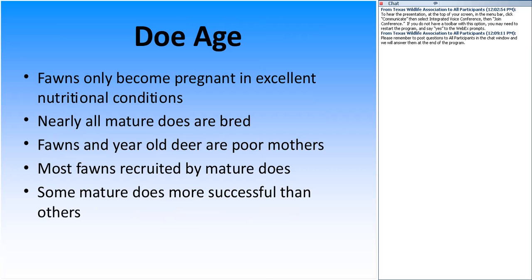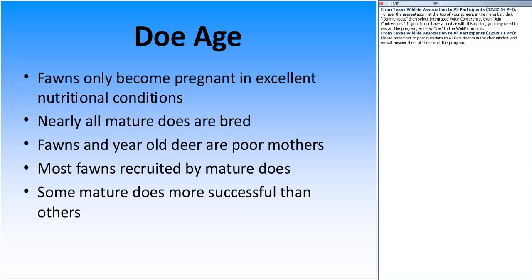So we've got a little summary from this first section that we just walked through. Fawns are real sensitive to nutritional condition and are unlikely to become pregnant unless nutritional conditions are really good. Nearly all mature does bred, that's out of the Parks and Wildlife study, it's out of our Comanche Faith data, and that's just a common finding any time that we've looked into this. Fawns and year-old deer appear to be poor mothers.